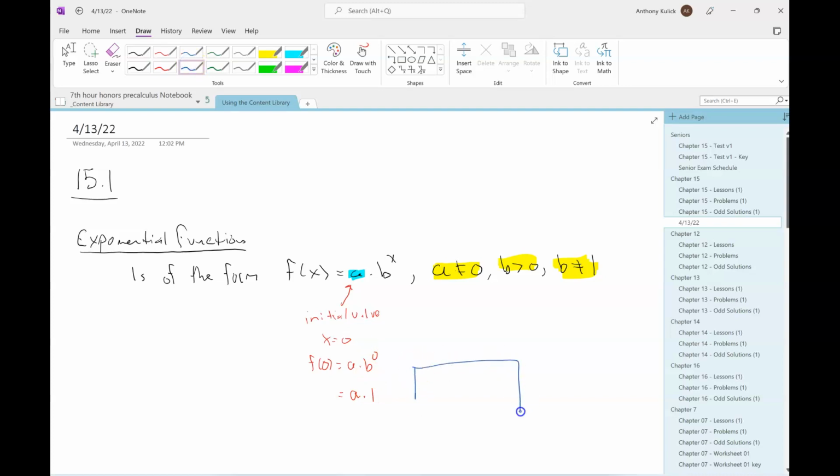Again, we should remember that any non-zero number to the 0 is equal to 1. 0 to the 0 is indeterminate. It's undefined because depending on how you look at it, it might be 1 or it might be 0. We can't agree, so there's no answer to that question. And then obviously 1 times a is just a, right? So that's why we sometimes refer to that as the initial value. Feel good there? The b we refer to as the base of the exponential.